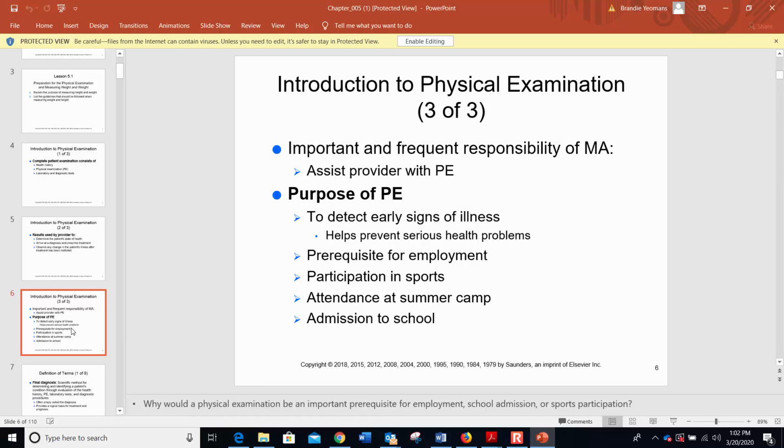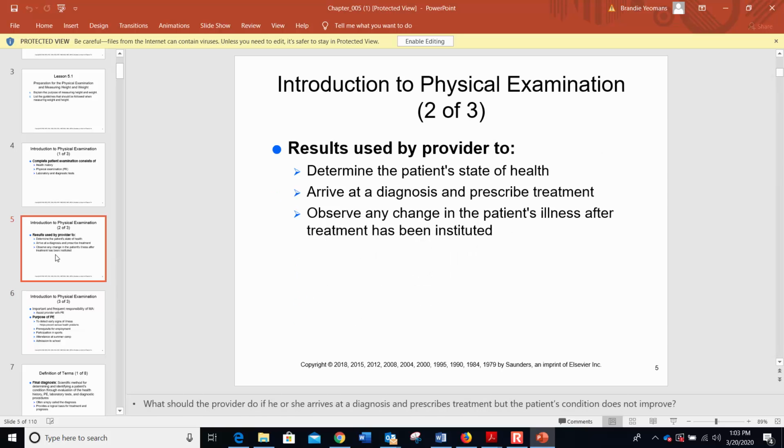Prerequisites for employment, we often call those pre-employment. Participation in sports, those are sports physicals that we do every year, so the kids in the area can participate in those sports activities. Even for summer camps and admissions to schools, our four-year institutions require that the new students have a complete physical exam and even some lab work that needs to be done.